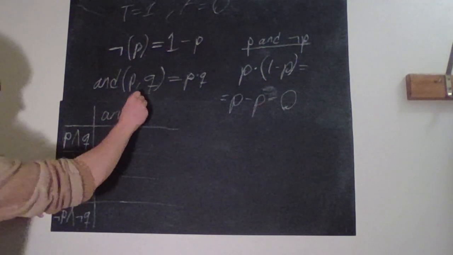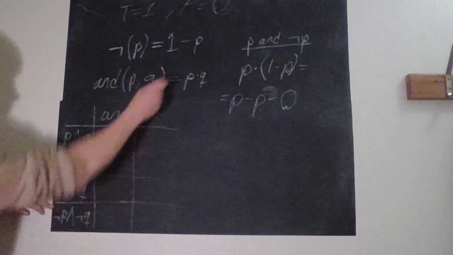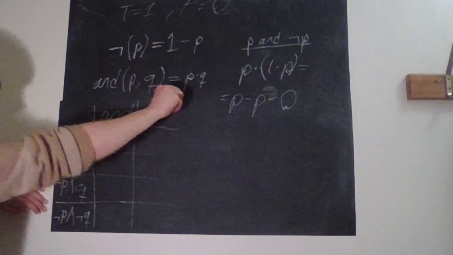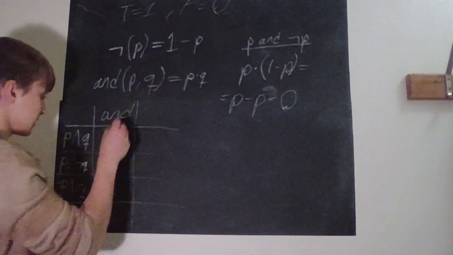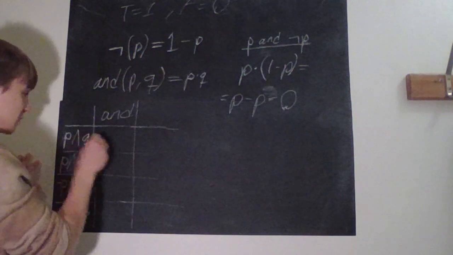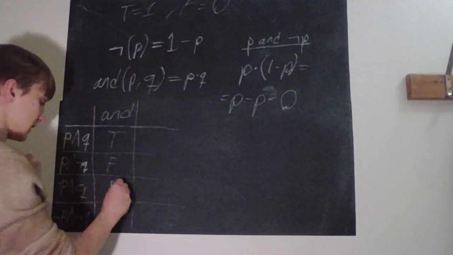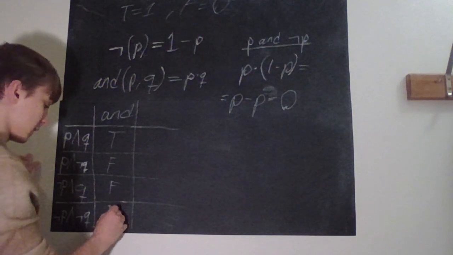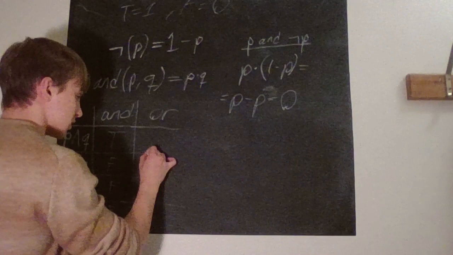So we have our AND function, that we already know the specific calculations for, but we can just use this as a sketch. It is true when both are true, and otherwise it's false. Now we have an OR function.